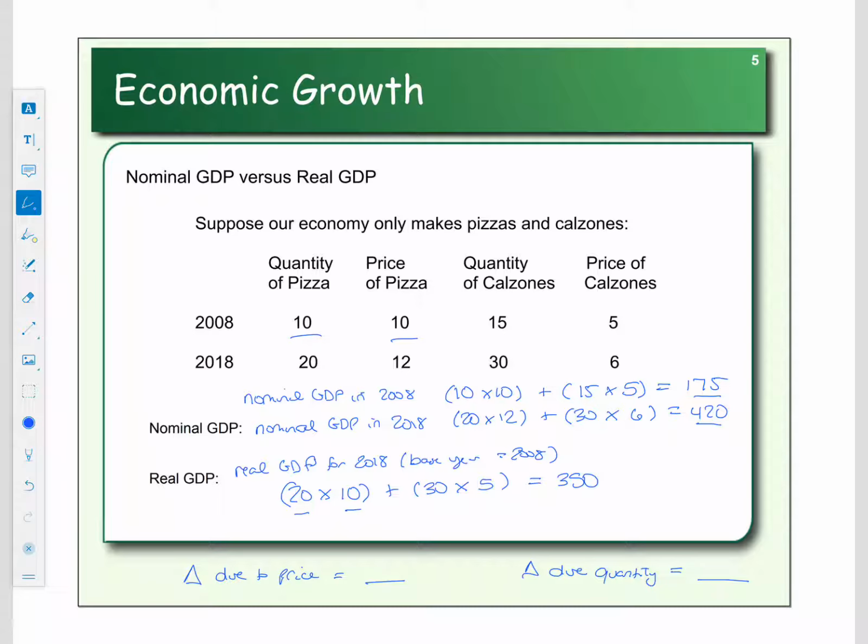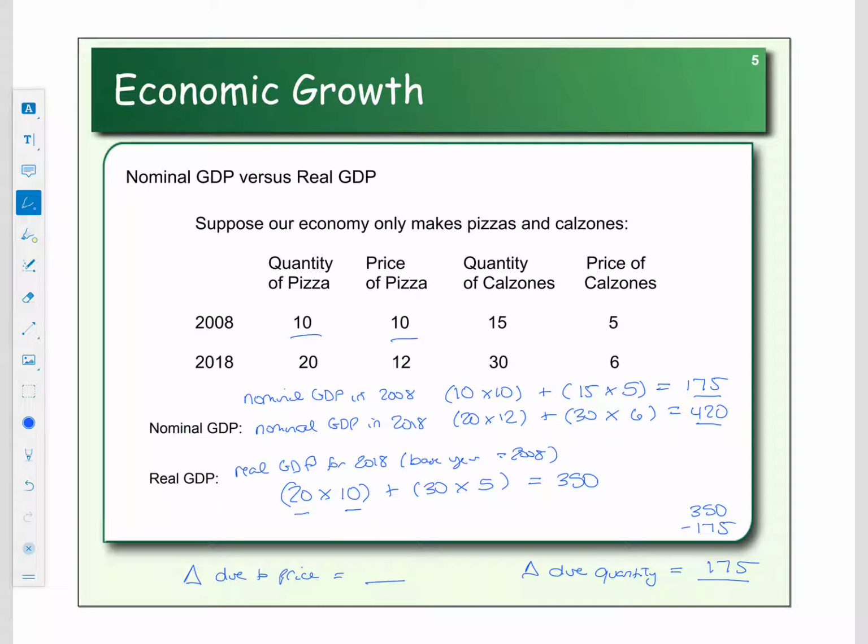The prices are the same, which means we can take 350 minus 175, and that's going to tell us how much that nominal GDP change from 2008 to 2018 was because of making more pizzas and calzones. So 350 minus 175 is 175.